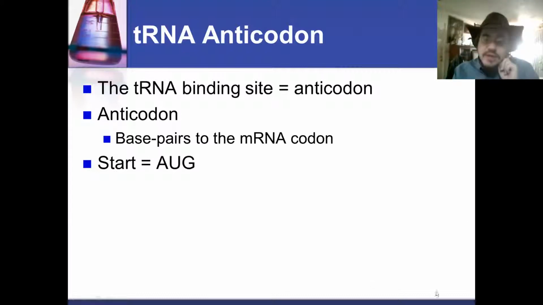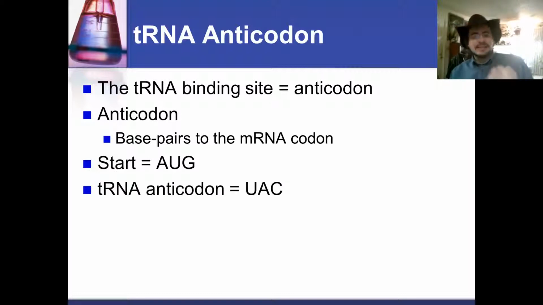Okay, the next one in the codon is U. What's the complement there? Yep, very easy. A, and then we have a G, which has the base pair C. Right. So if our mRNA start codon is AUG, the tRNA carrying methionine will have an anticodon of UAC.